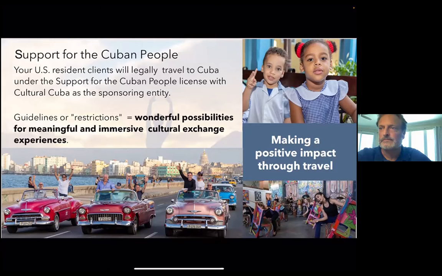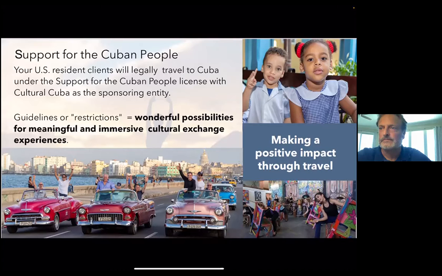There are 5 pages of legalese on the US Treasury Department's website. It's OFAC, the Department of Treasury office that manages embargoed countries, that talks about this. But the gist is what I told you. It's really about where the money's going. We are 100% behind that, and I don't care what your politics are, blue, red, everything in between. I think most people can get behind that general concept.